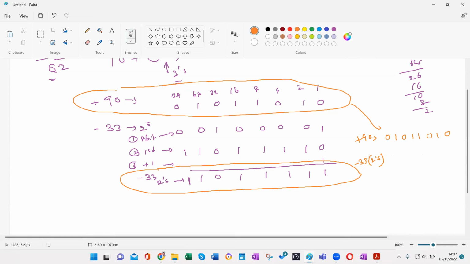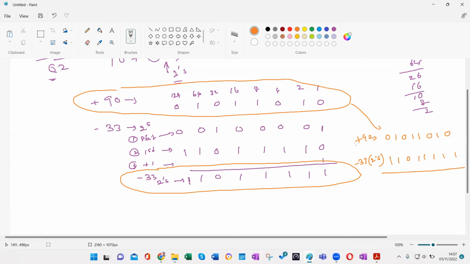Okay, so the answer here is 1, 1, 0, and 5 ones. Align it nicely, otherwise you will get mixed up.